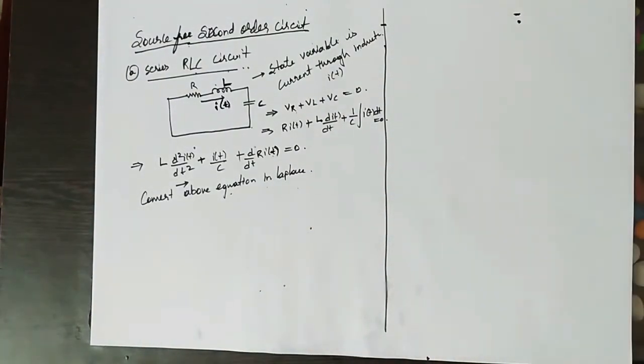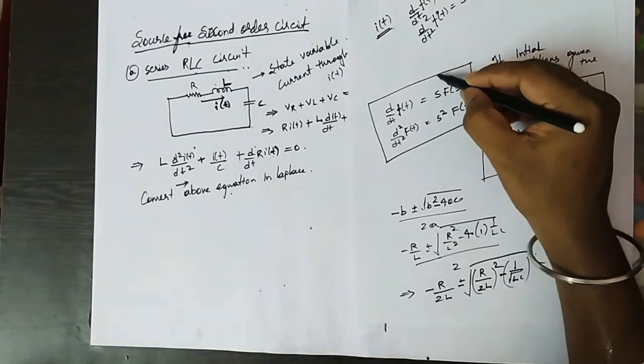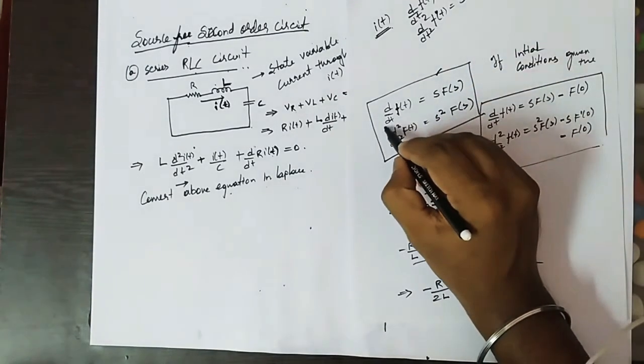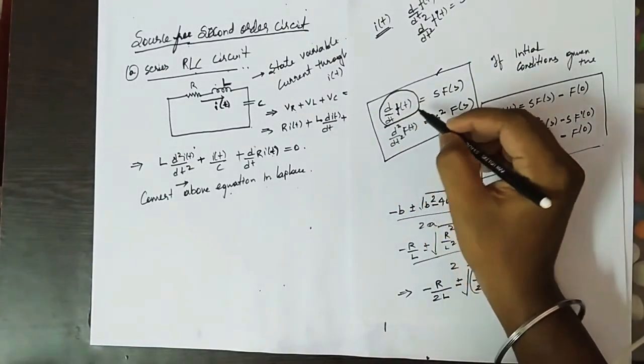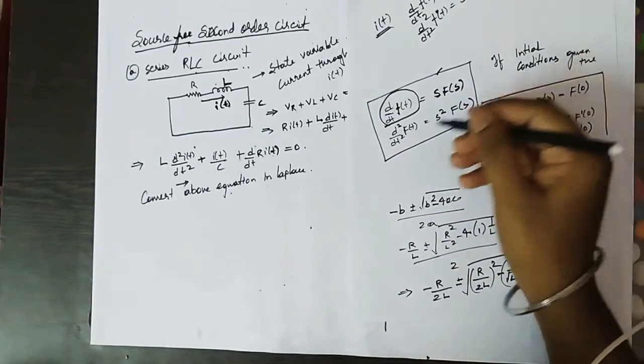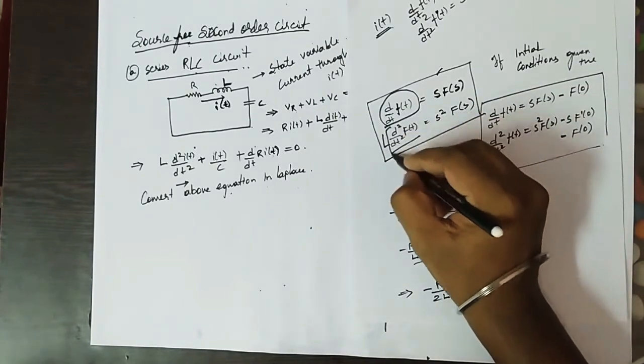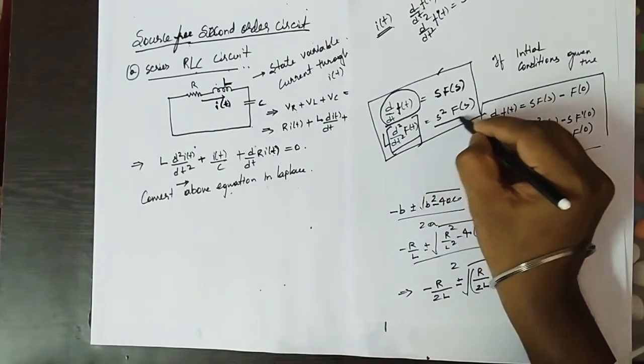By definition, for any function of time, for example, according to the Laplace transform, the differentiation d by dt has Laplace transform s into F of s. Double differentiation of the function f of t has Laplace transform s square F of s.